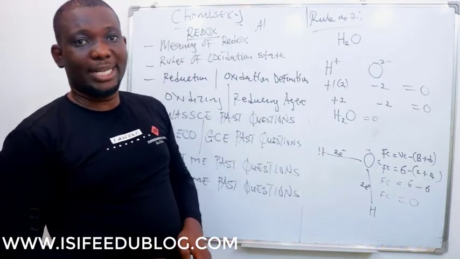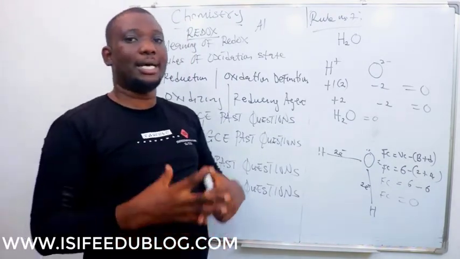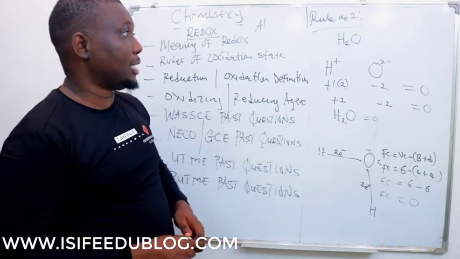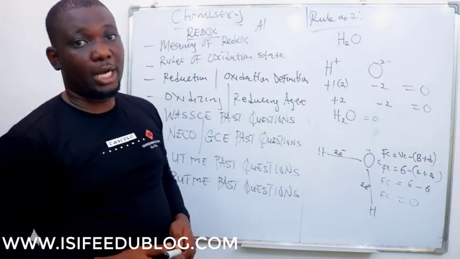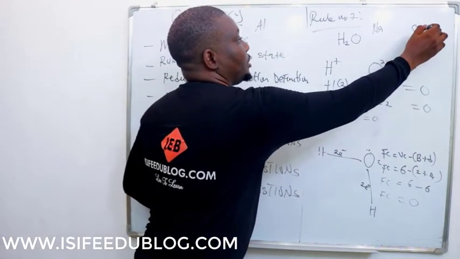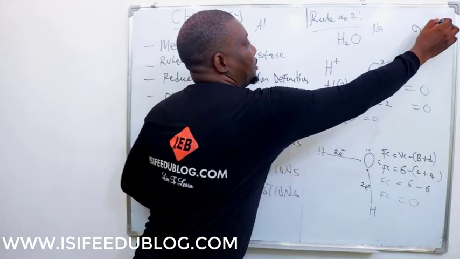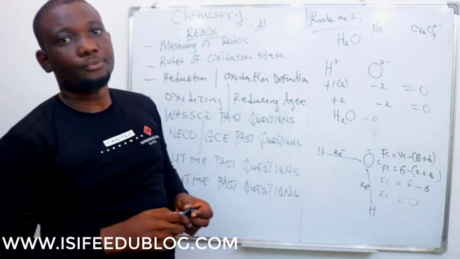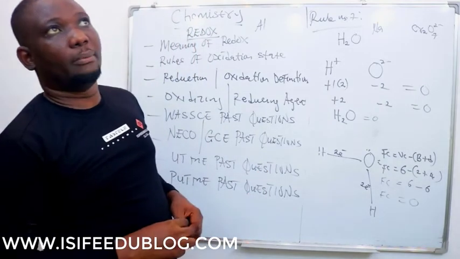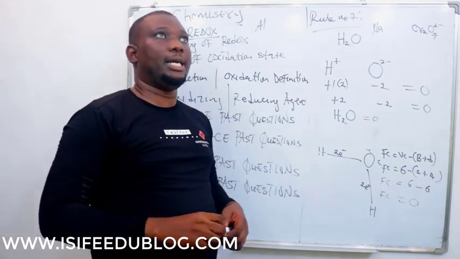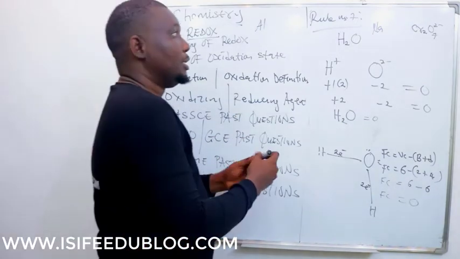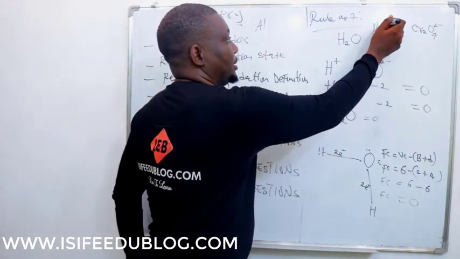So take note that a neutral compound should have a total net charge of 0. That is why if I want to write a formula for maybe sodium and this group of atoms here, you're going to treat it as just 1. Now, rule number 4 says that for elements in group 1, once they're in a compound, the oxidation state is +1.